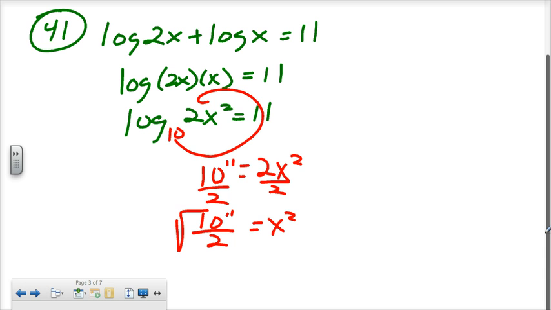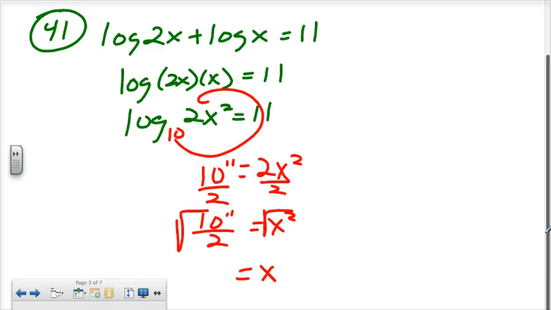And then we would take the square root of both of those. And we would have a positive and a negative. But again, we know we're really only interested in the positives here since this is a logarithm. And then we would get, let's see, this is a wonderful answer here.